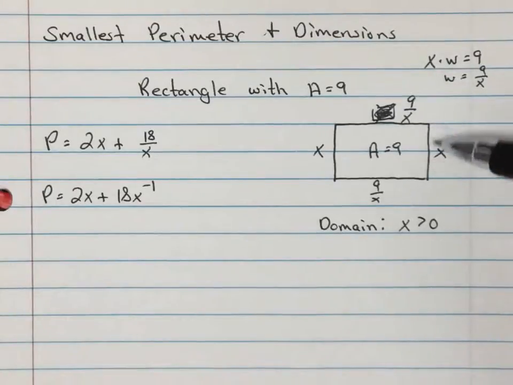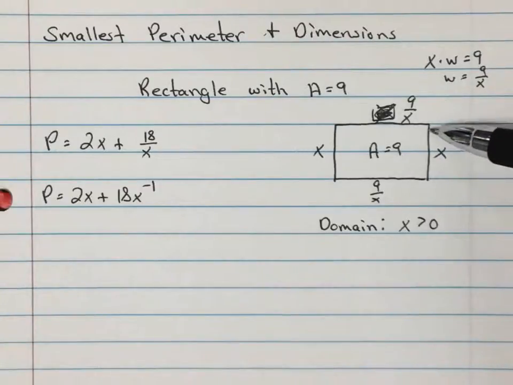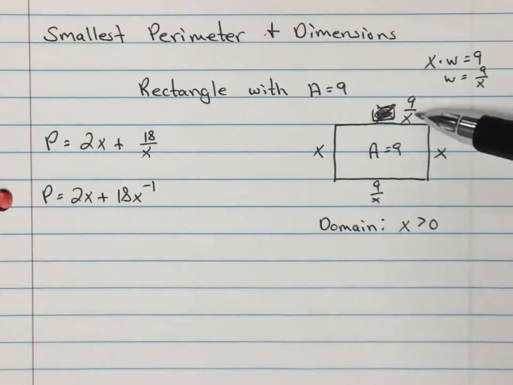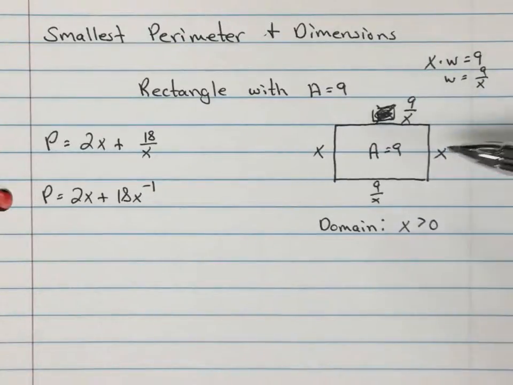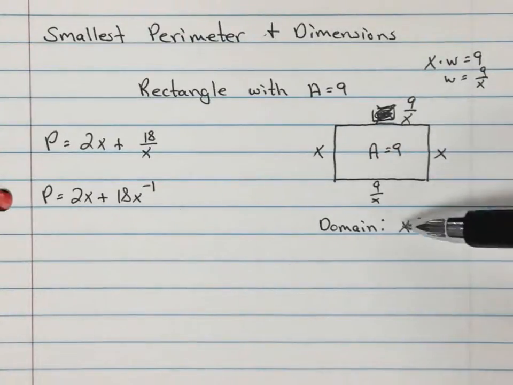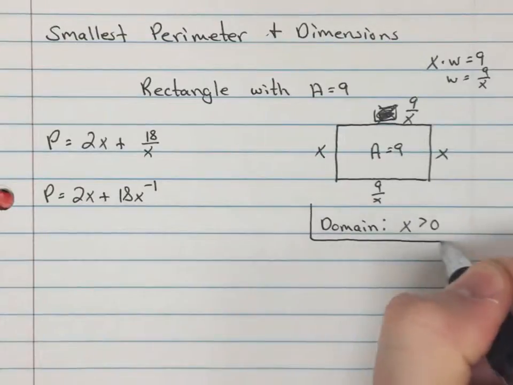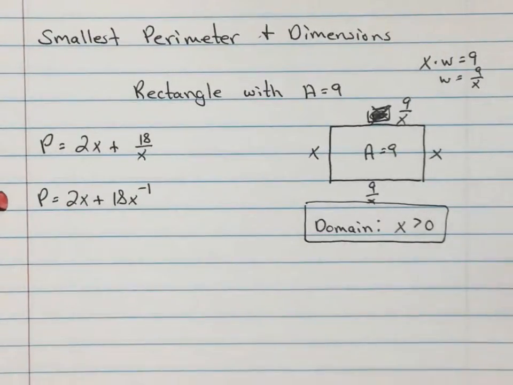If x is 100, then you got 9 100ths, and I guess x could be a million here. If x is a million, then you got 9 divided by a million, which is a really skinny side, but it's possible. If this is a million and this is 9 over a million, you multiply the two, you still get an area of 9. So this is my only domain restriction. We've got to make sure that x is a positive number. X can't be -3 because it's a side length.